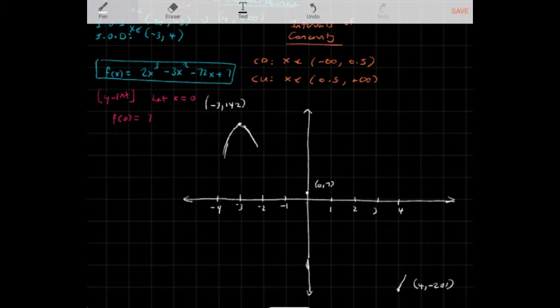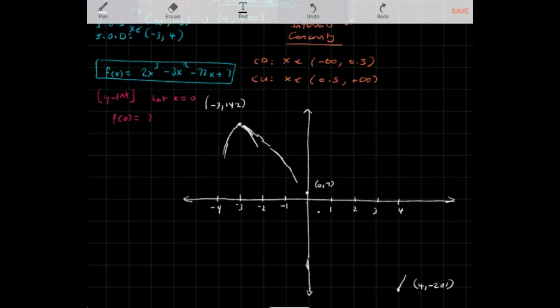This should be concave down, because we know it's concave down between negative infinity and 0.5. We also know that the point of inflection occurs at (0.5, -29.5), so let's say it's somewhere here. If you're sketching this out, you can just ballpark this for the time being.